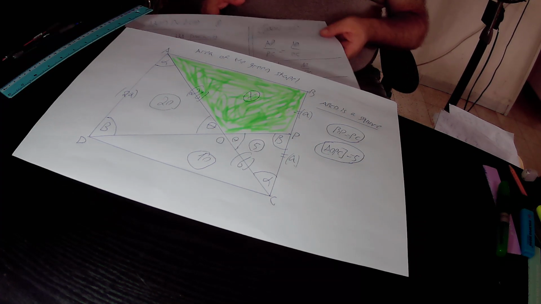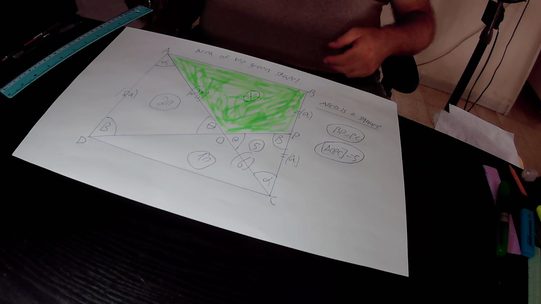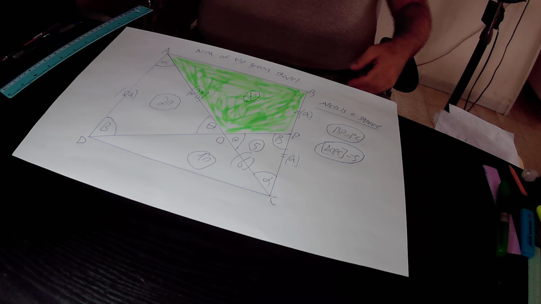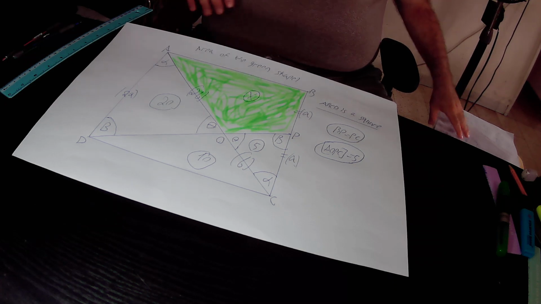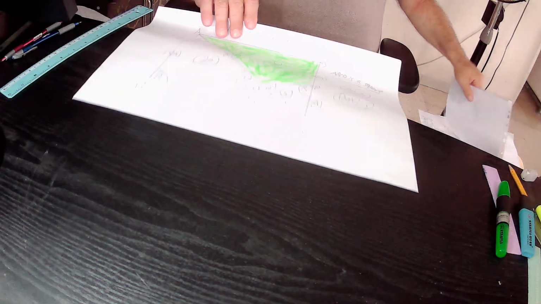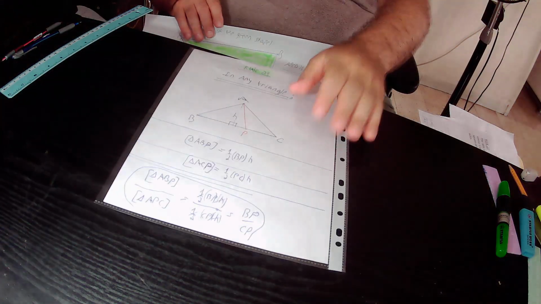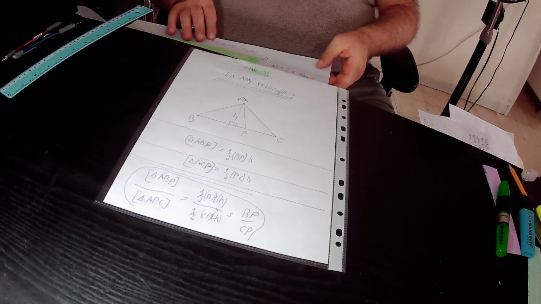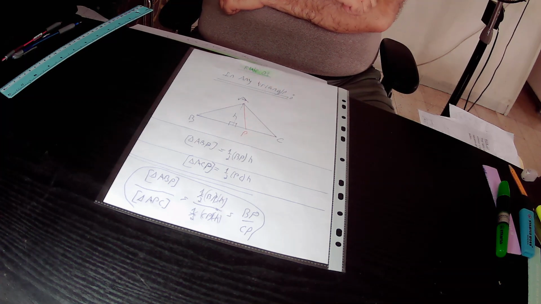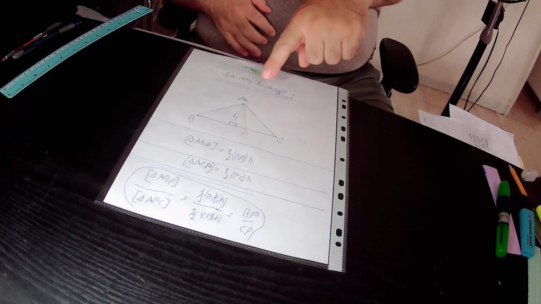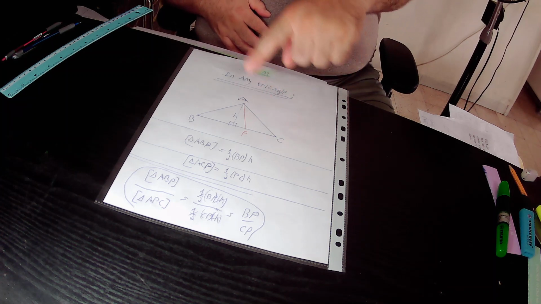Okay, so in the next step, I present to you a new rule and implement the new rule in our drawing. The new rule is actually rule 23. According to rule 23, which is true in any triangle, so this is triangle ABC that could be any triangle. In this triangle ABC, we draw the red line segment AP.